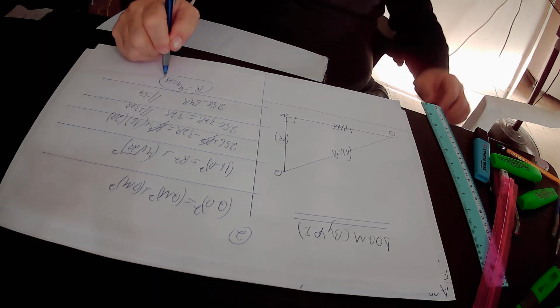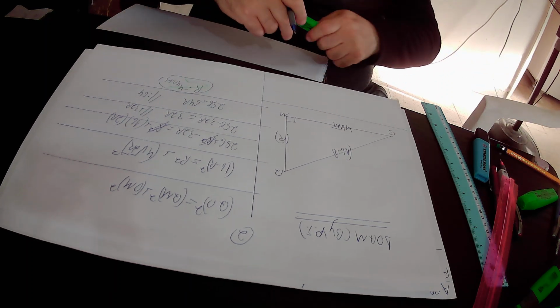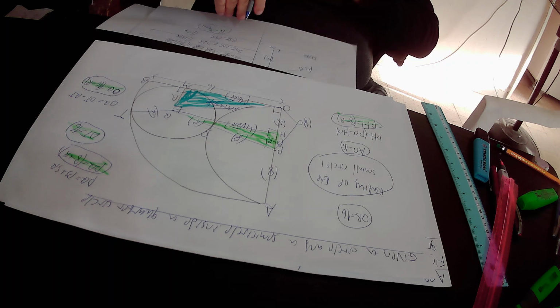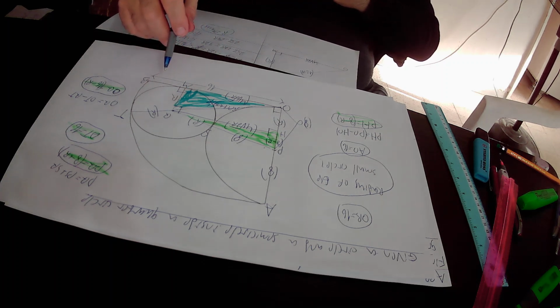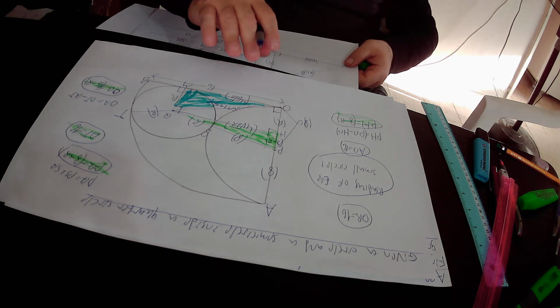So we found out that the radius of this small circle R equals 4 units in its length. So we finished with the first question.